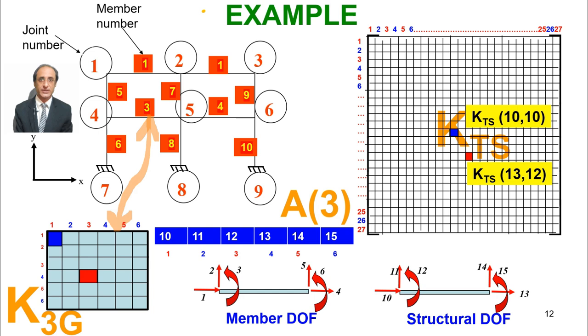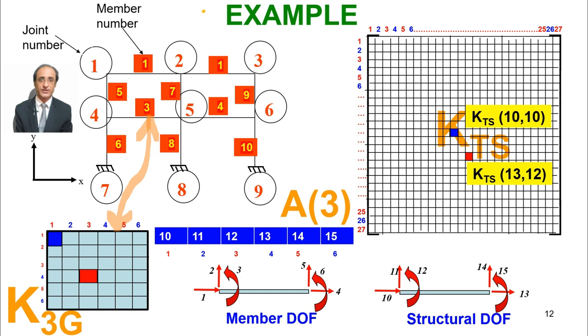But the majority of the elements land up in the lower triangular part. So we have to check for each and every element. We have to repeat this process 36 times, 6 by 6. Each element 1 by 1, where it will land. So we will basically be concentrated into this particular zone, that the majority of the elements are in the lower triangular and some elements in the upper triangular part. So this way we can establish a direct correlation between the member stiffness matrix terms and the total structure stiffness matrix terms. So we have to do this one by one.